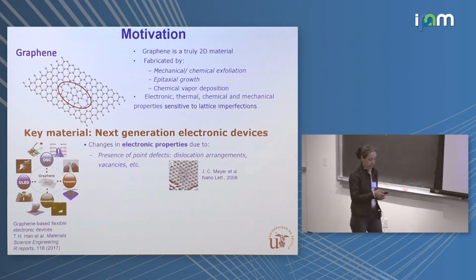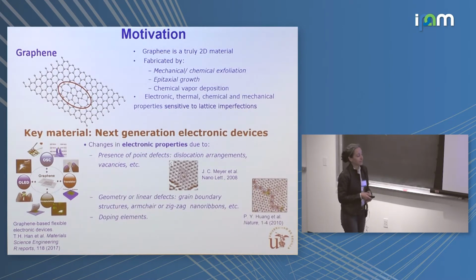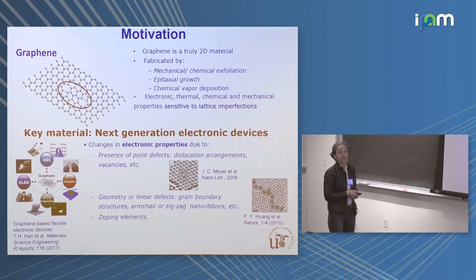Point defects, for instance, can change these electronic properties, and also linear defects, as you see here. Linear defects, you can think of grain boundaries.